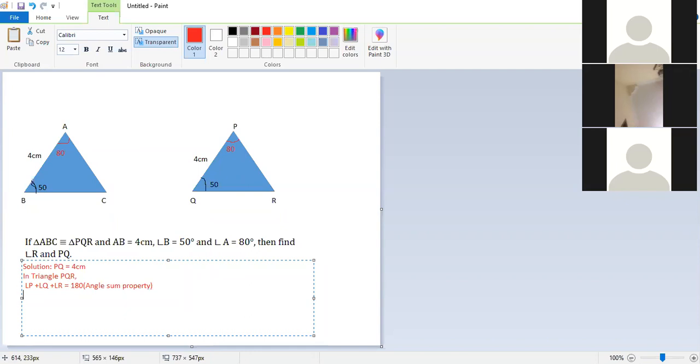Now angle P is 80 degree. 80 degree plus 50 degree plus angle R, we want to find out angle R, is equal to 180 degree. Now 80 plus 50, 130 degree, plus angle R is equal to 180 degree. Now I want to find out angle R. Angle R is equal to 180 degree minus 130 degree, because plus becomes minus. Answer is equal to 50 degree.